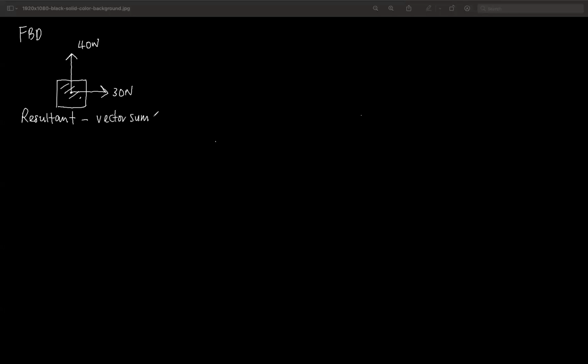What is it? Vector summation, you can think of it like a triangle rule. There are two rules that we can use in vector summation: the triangular rule or the parallelogram. I'm going to talk about the triangular rule simply because it's easier to use, but either one gives you the same result.